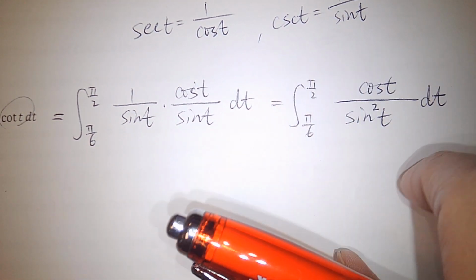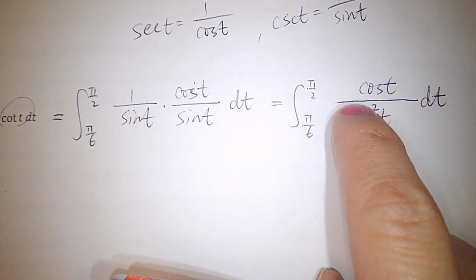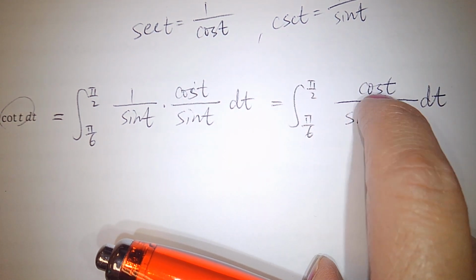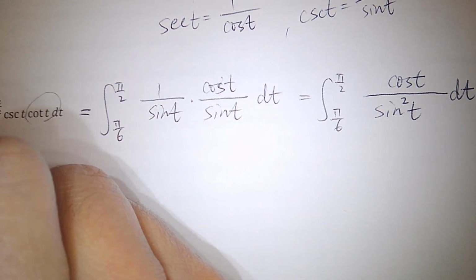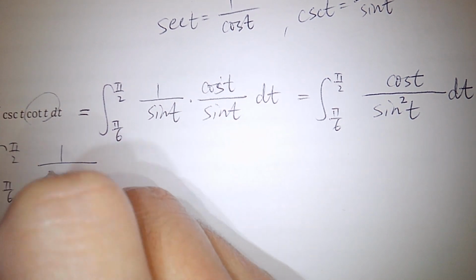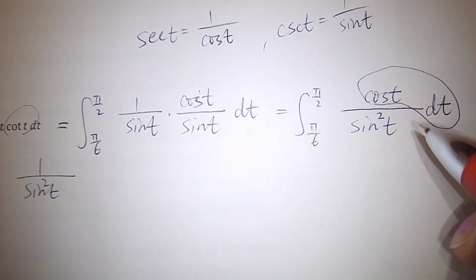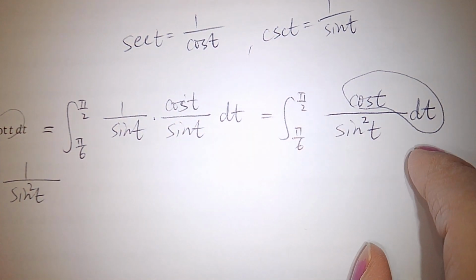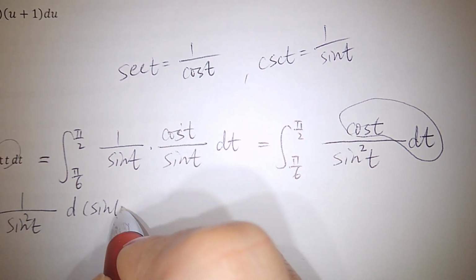So how to integrate this thing? How to find an antiderivative for this? Cosine t dt. Yeah, this is hard, okay? From pi over 6 to pi halves, 1 over sine of t squared. I say cosine t dt can be written as what? d of sine of t.